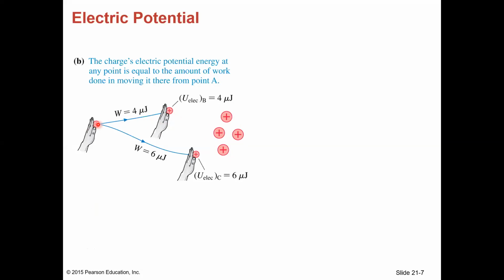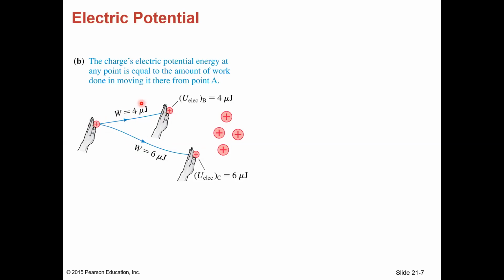According to this picture, I use 4 microjoules to push this charge here. Whereas if I go along this path to this distance, it's a lot closer to these charges, so the repulsion is going to be greater. It's going to take more energy to do that. So that's a higher potential energy.